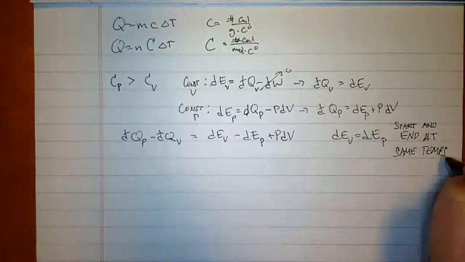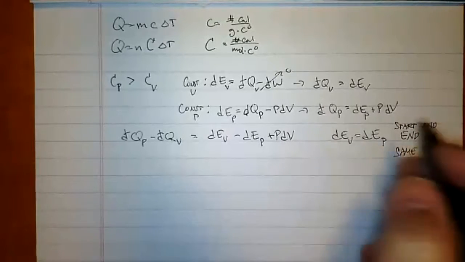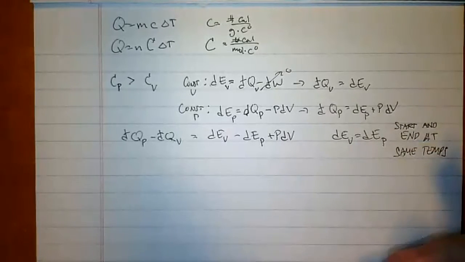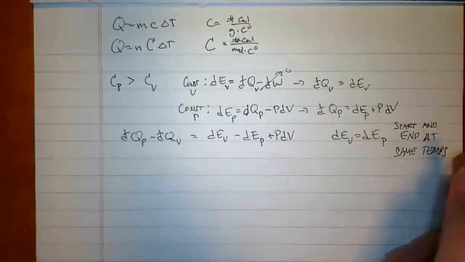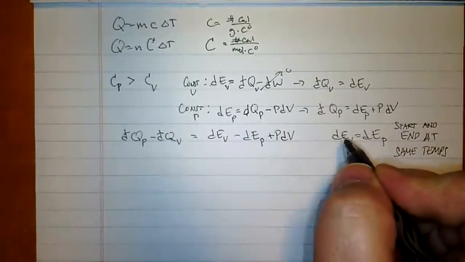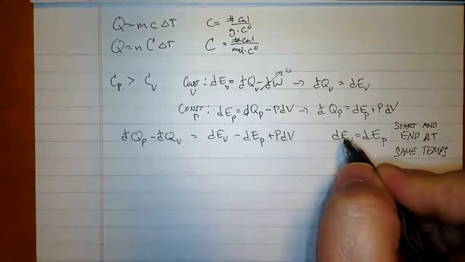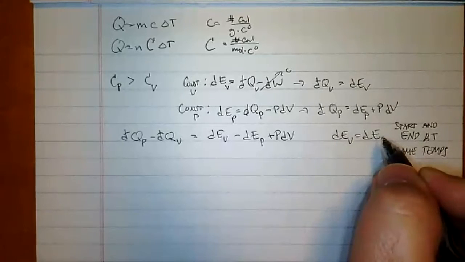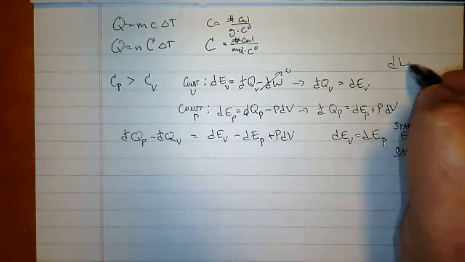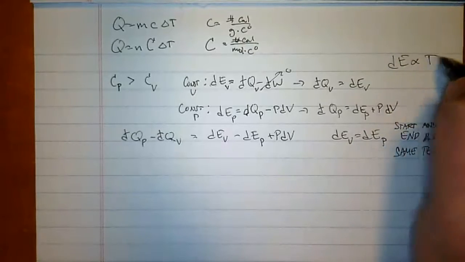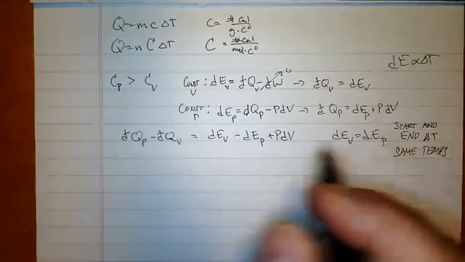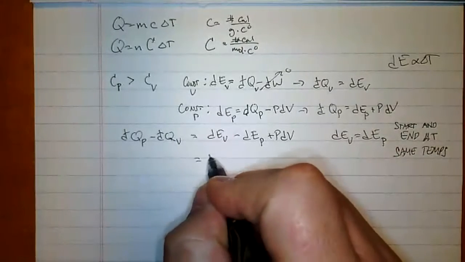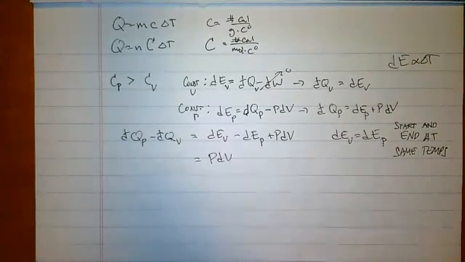So in other words, we're considering heating up of something, say from 10 degrees Celsius to 20 degrees Celsius. So the temperature change is just 10. Well, that means the temperature change in the volume case is 10, and the temperature change in the pressure case is 10. And we know that dE is only a function of temperature. So that means these two are equal. So we end up getting just P dV.